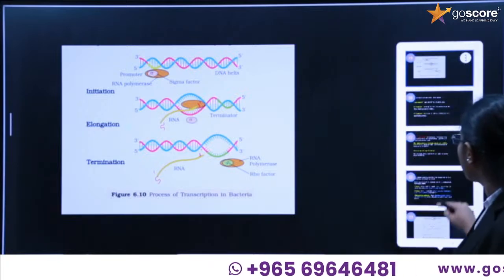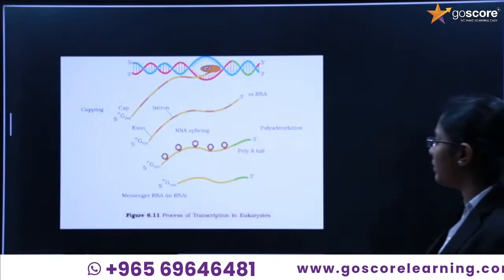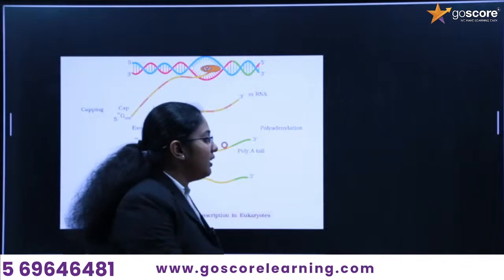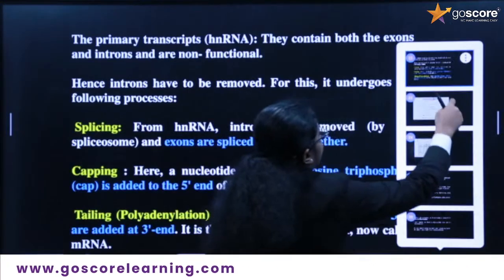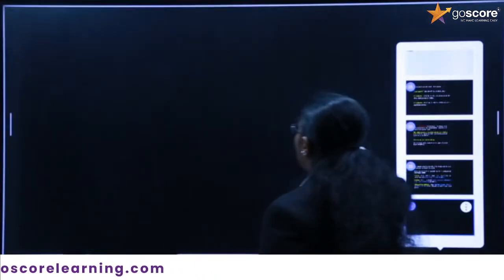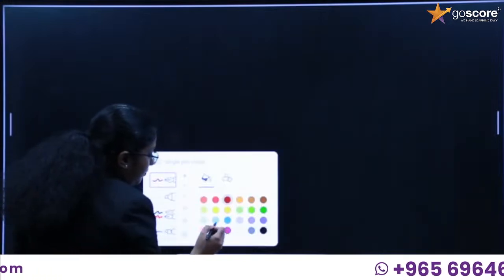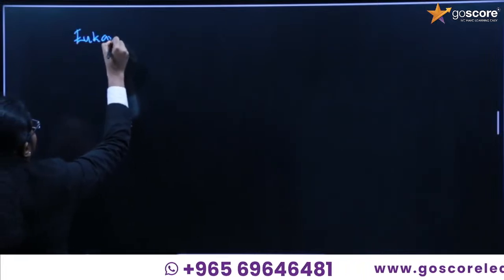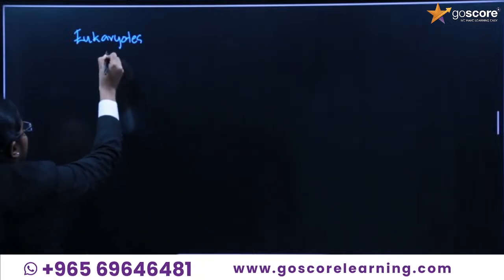Next we have to study eukaryotic transcription. The same process takes place in eukaryotic transcription, but you can find two different structures, that is introns and exons. In eukaryotes, what is the speciality?